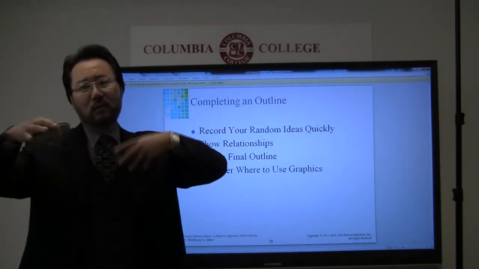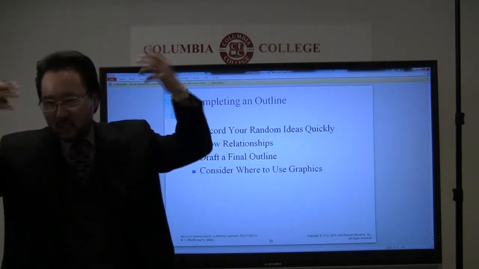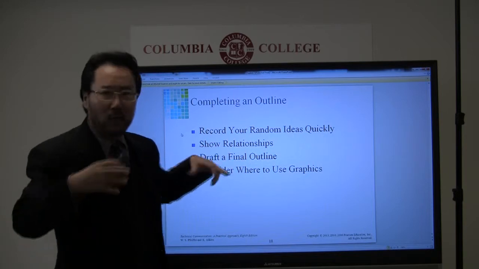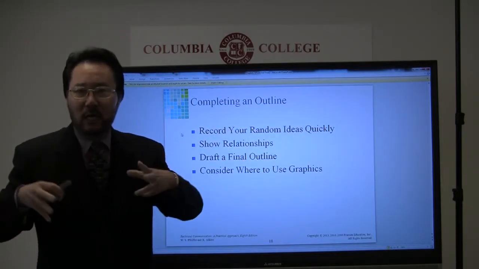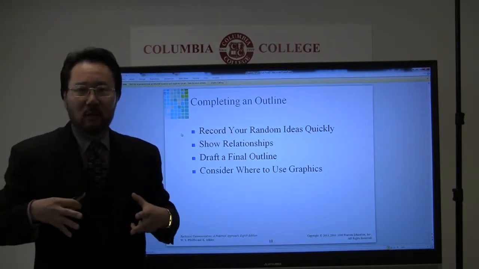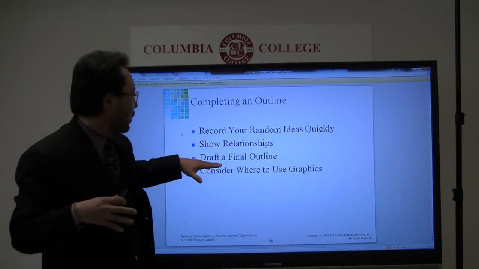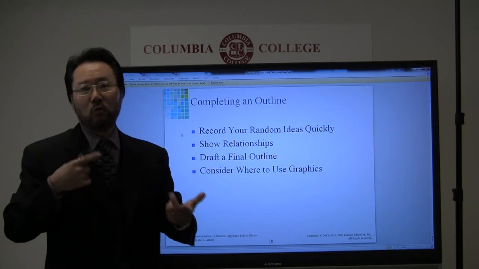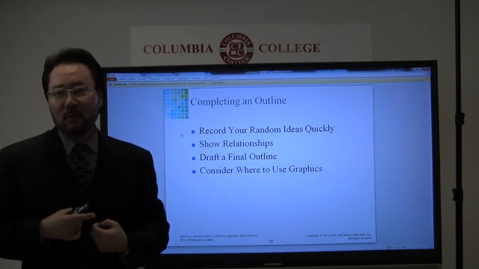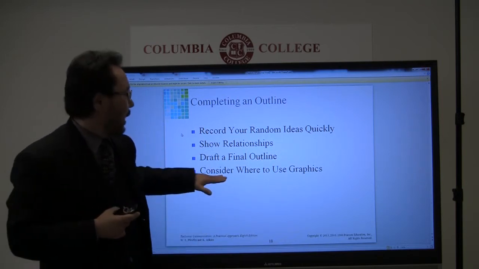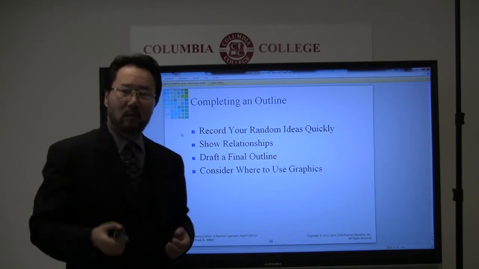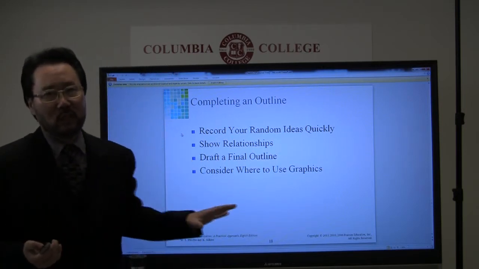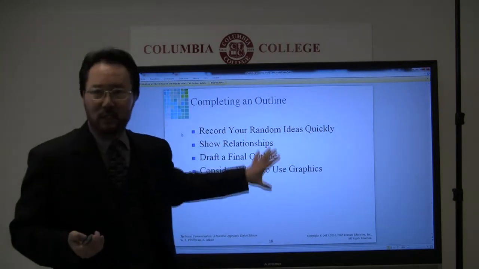Then once you write all the brainstormed ideas on the paper, you try to make a relationship, try to link those ideas together. Then you want to write your first draft. Then you edit it, revise it. Then you want to add some type of graphics or data. We're going to go into a little more detail later on each step.